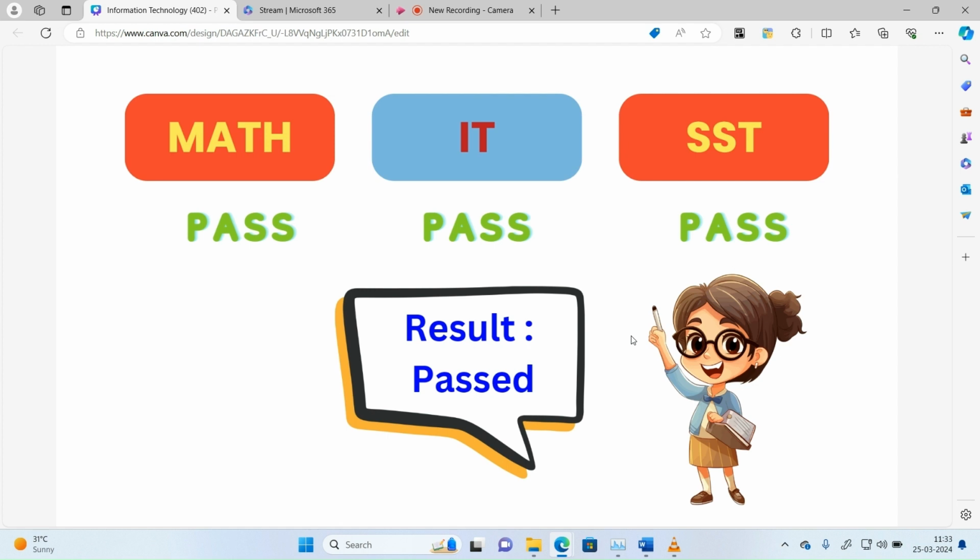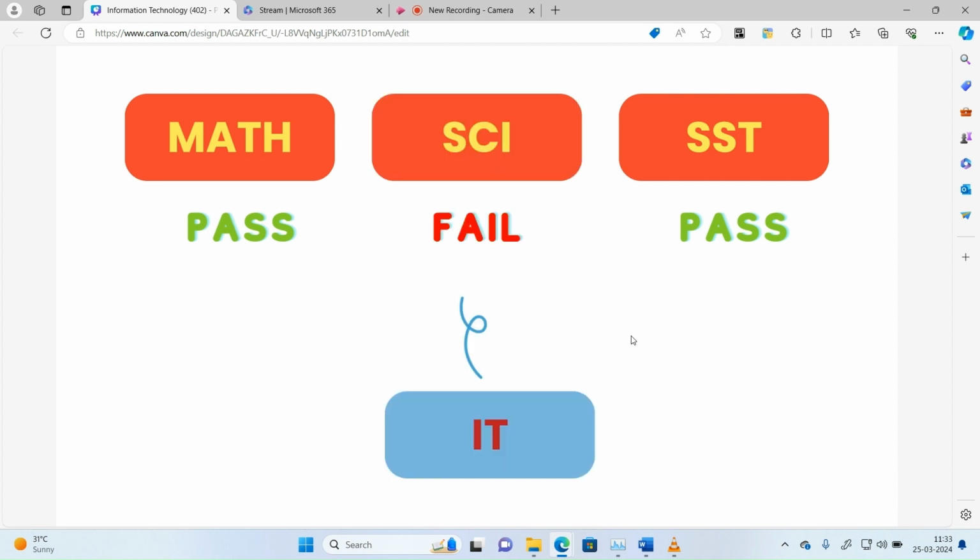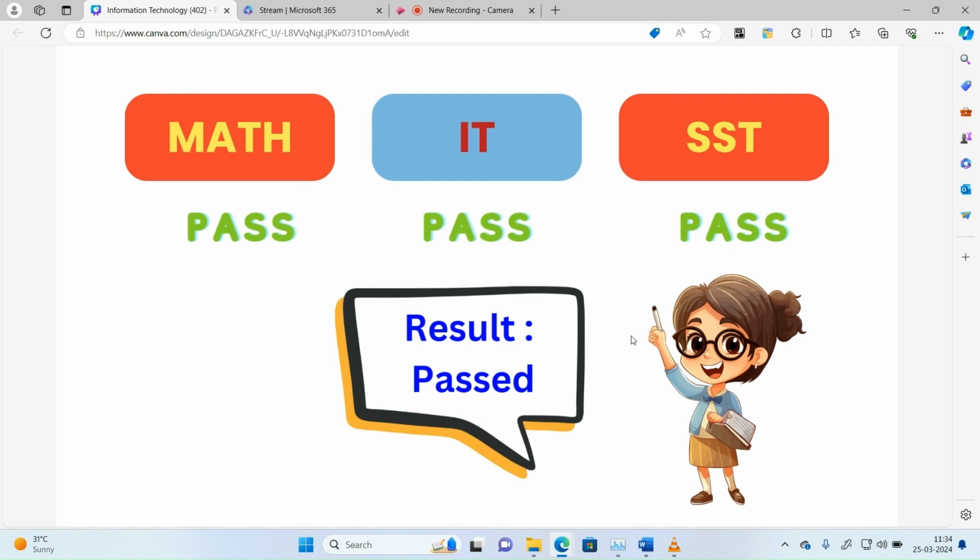Maybe the science paper was too tough, the difficulty level was very high, or you didn't anticipate that the questions would be that tricky, or the paper was lengthy, or you blacked out, you fell sick, and because of which you were not able to perform better. If a student fails because of any of these reasons, then IT saves them from that scenario. IT helps you, it rescues you.